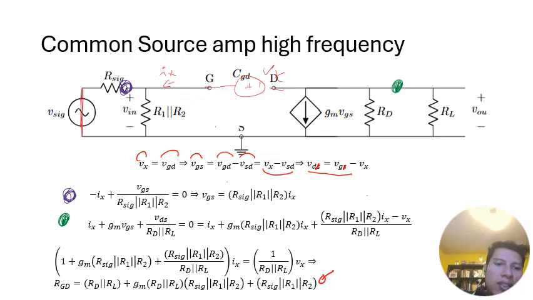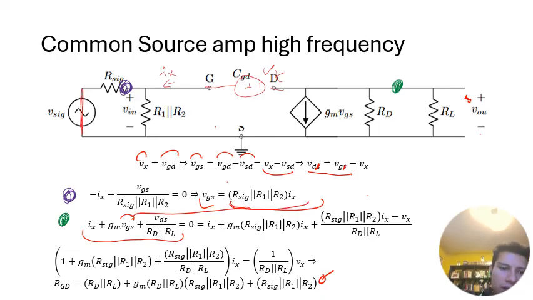When we do this node equation, we're just going to get that VGS is equal to Ix with R sig and R1 and R2 in parallel. And then we have to do this node equation, and that's when we got this. And then we use this relation to replace with this one.